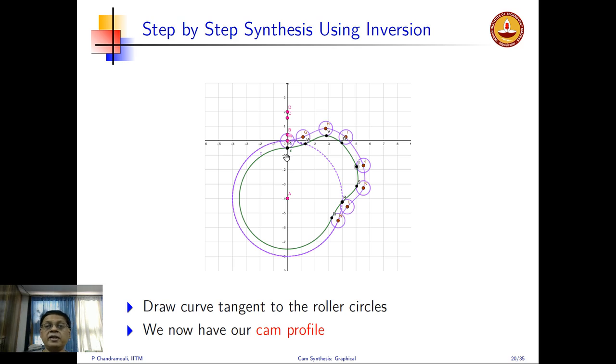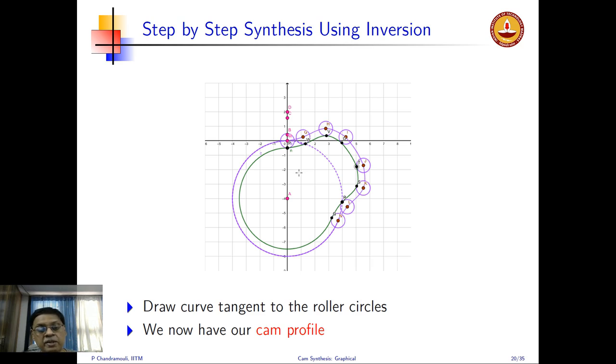So instead of the translating line being radial passing through the center of cam rotation, I will choose it to be on this side. You can also choose it to be on the other side. Either way is possible.